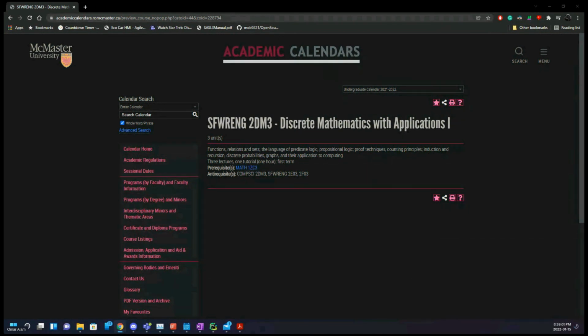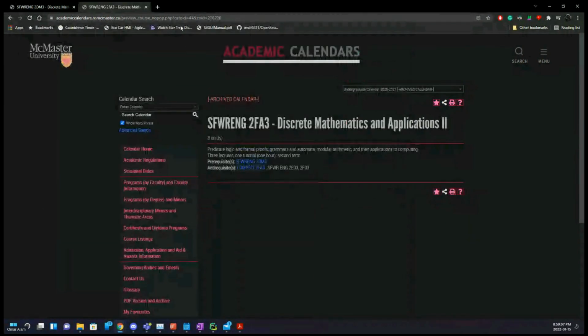And the second semester course, which is an extension of this, is called Software Engineering 2FA3, which is Discrete Math and Applications 2. And I am doing this course right now. I already finished 2DM3. I'm doing 2FA3 at the moment. It seems to be a lot more excruciatingly painful than 2DM3, if I'm being honest. Yeah, that's the discrete math courses at McMaster.